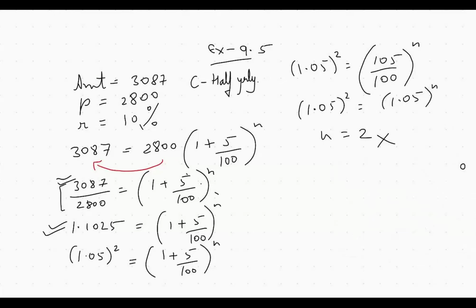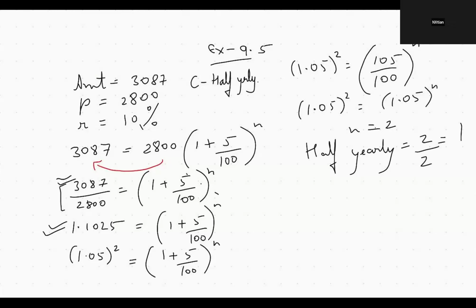So here n half yearly equals 2 divided by 2, which is 1. Like this we can solve it.